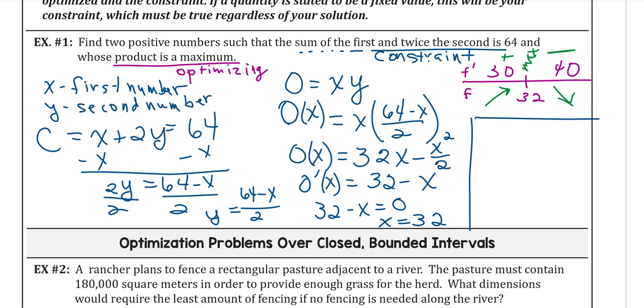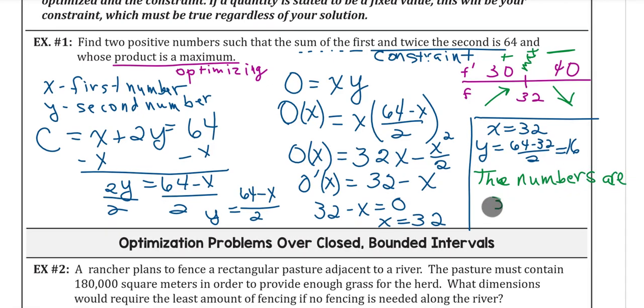X equals 32 and Y is going to equal (64 minus 32) over 2, which is 16. You want to make sure you write a statement. The numbers are 32 and 16.